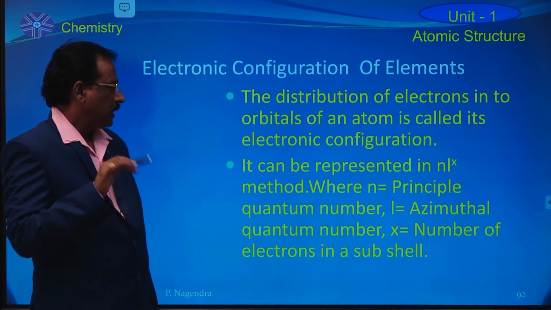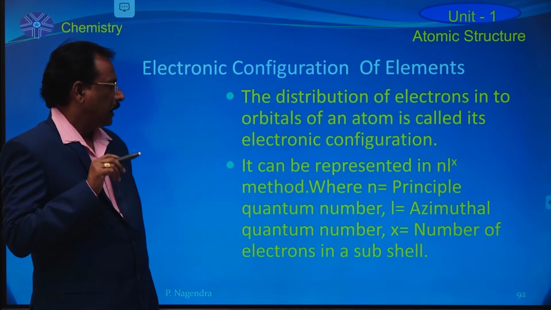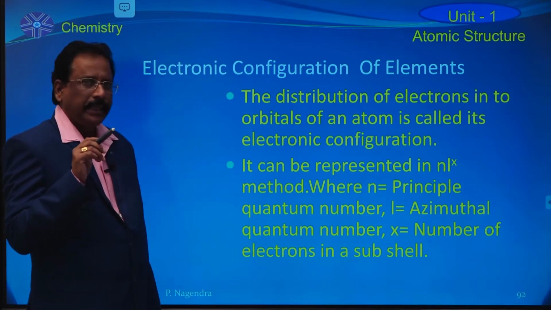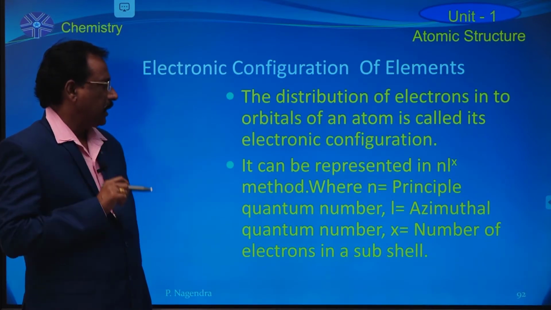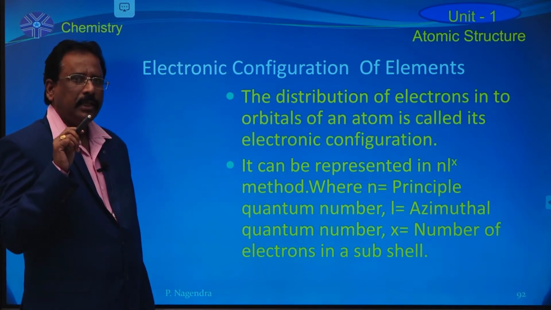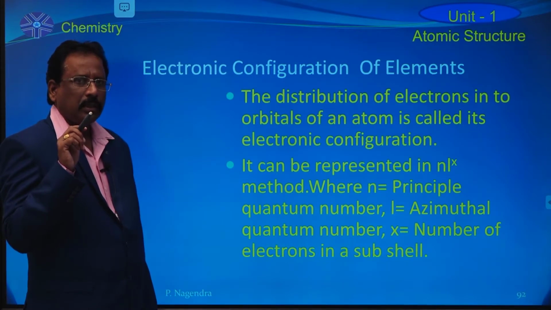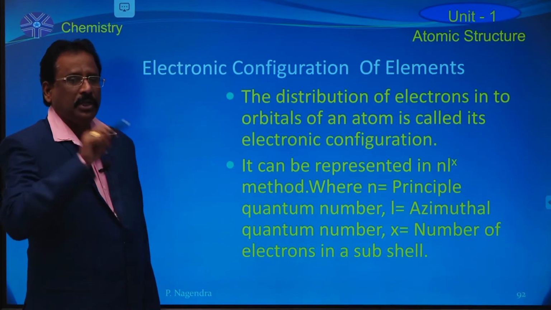That means the principal quantum number indicates the shell, the azimuthal quantum number indicates the subshell, and a very important point is that x indicates the total number of electrons present in the given subshell.